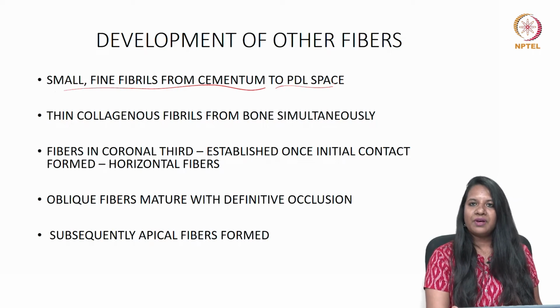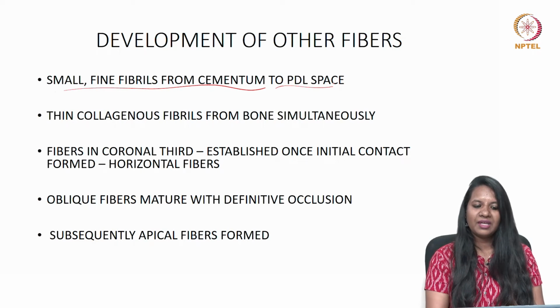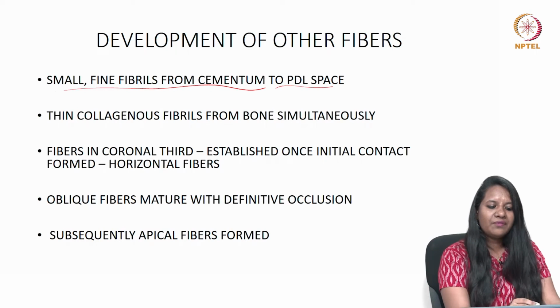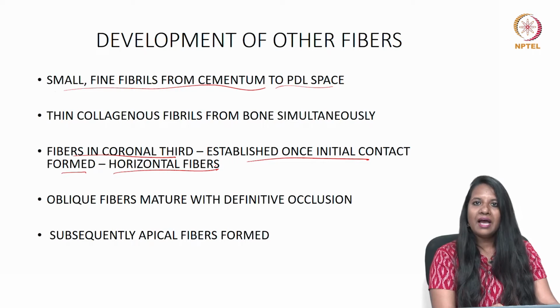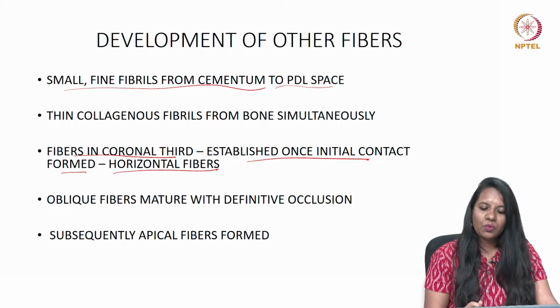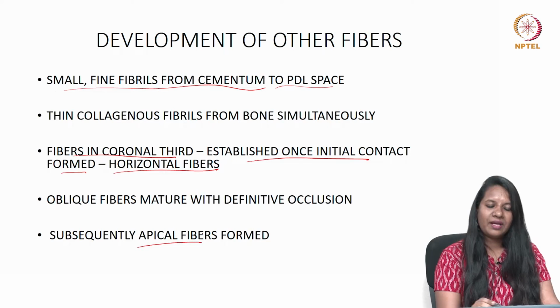Thin collagen fibrils from bone enter simultaneously, that is, a few fibers from the cemental side and a few from the bone. Then fibers in the coronal third establish once initial contact is formed, and that forms the horizontal fibers later, and oblique fibers mature with definitive occlusion and subsequently the apical fibers are formed.